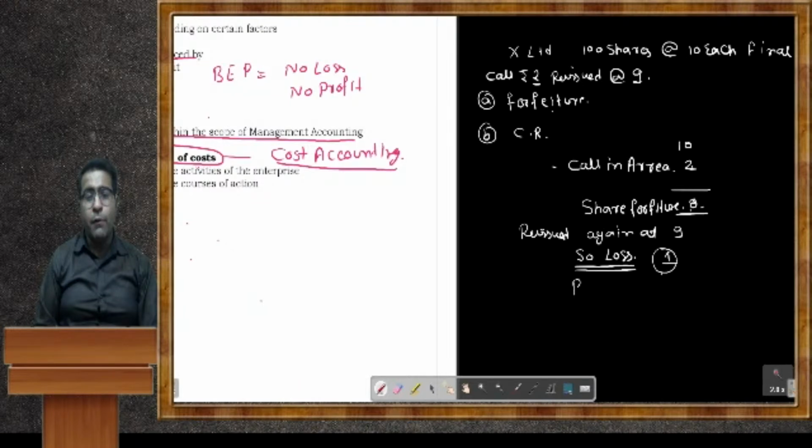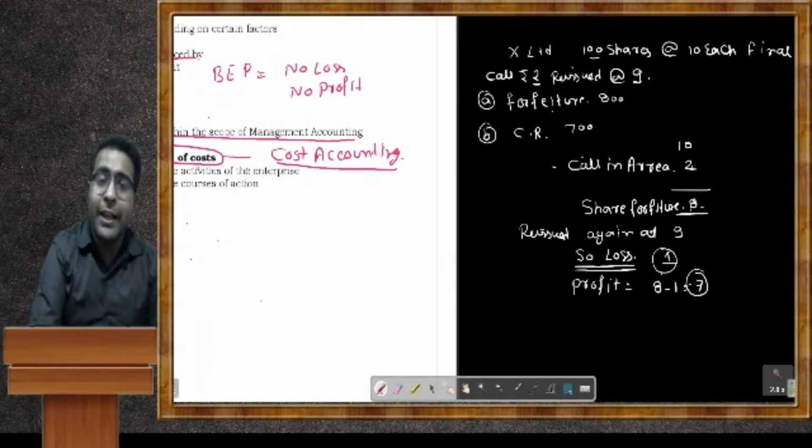So overall profit is 8 minus 1, that is 7 rupees. So in forfeiture, 8 multiplied by 100, 800 will be there, and the profit must be transferred to the capital reserve. So 7 multiplied by 100, 700 must be transferred to the capital reserve.